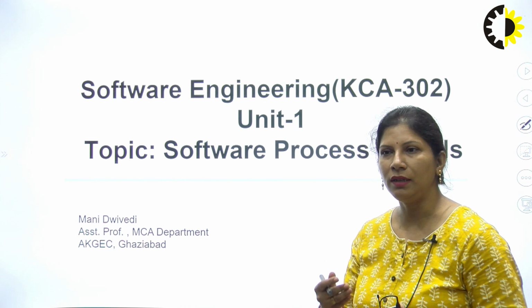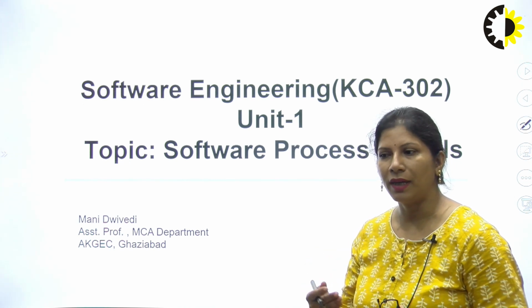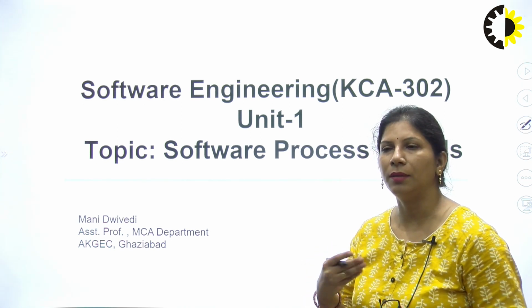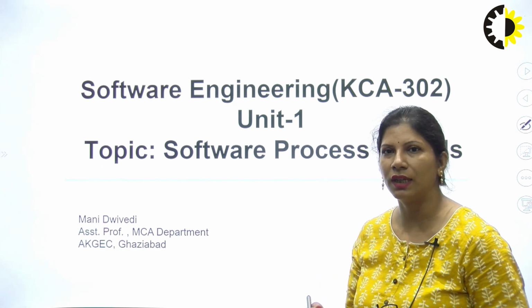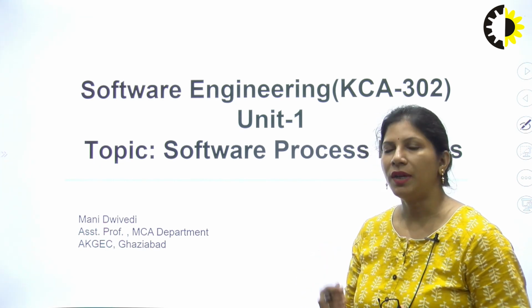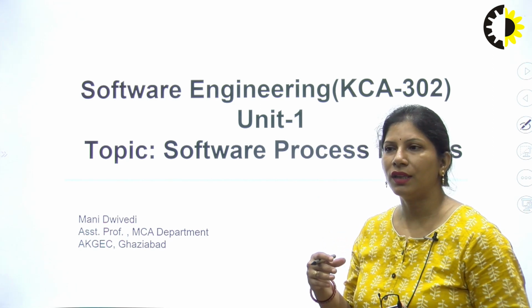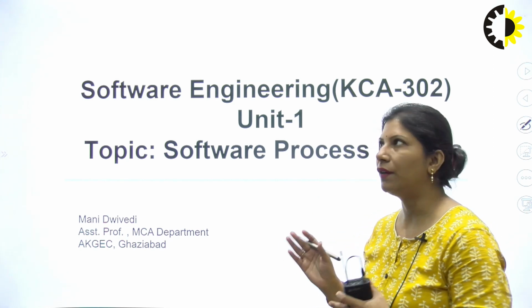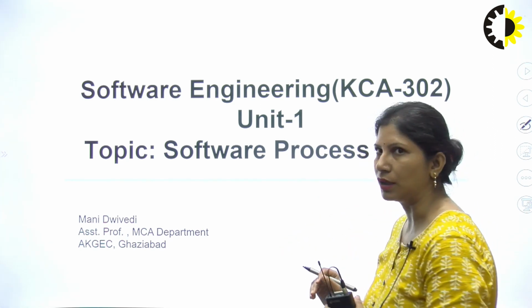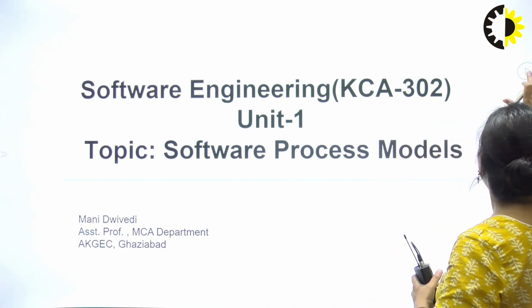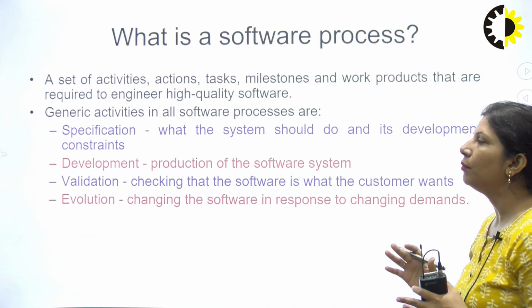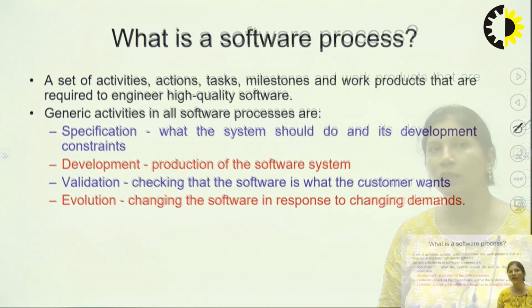We begin with requirements, then design, then implementation, then testing, and finally maintenance. All these phases will be followed in various software process models. So let us understand what a software process is and what a software process model is.